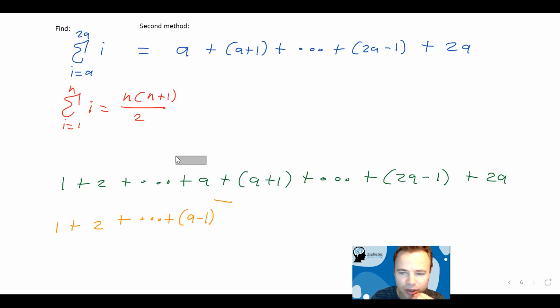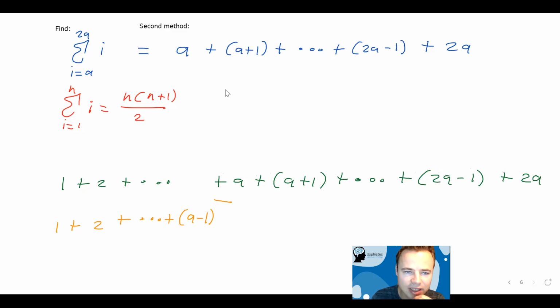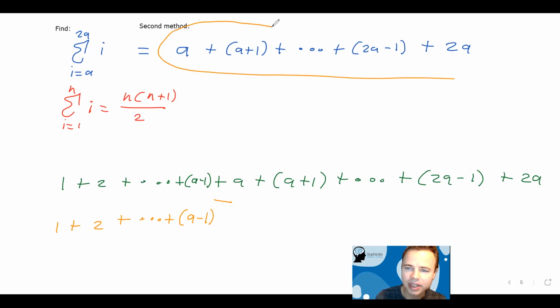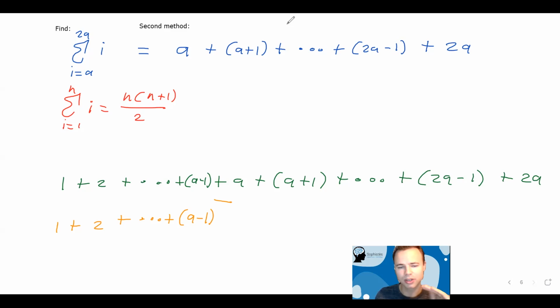Do you guys agree that if I do the green series minus this orange series, I end up with this blue series? Do you guys agree with that?